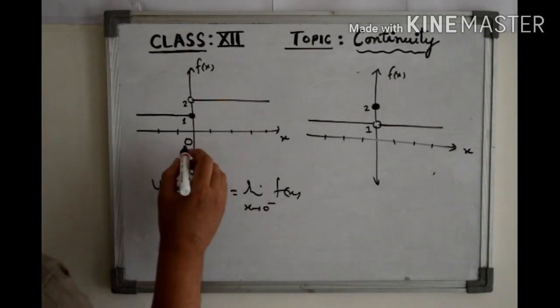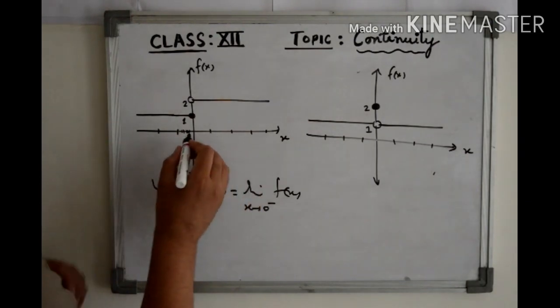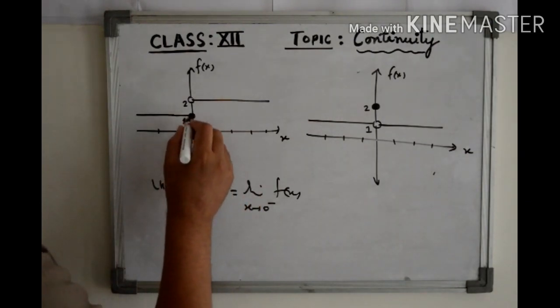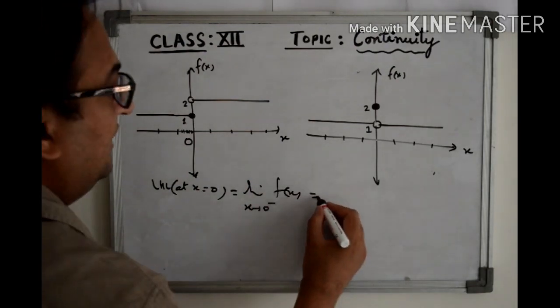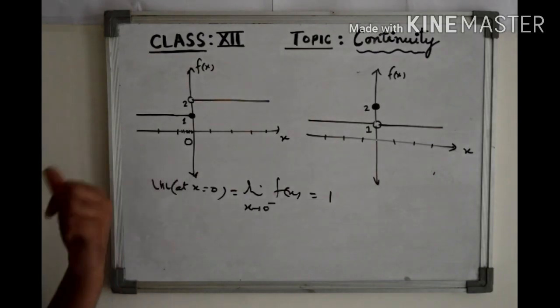Here is the number 0, and if we approach this number from this side, that is from the left hand side, the value to which the function is approaching is 1. So the left hand limit of this function is 1.